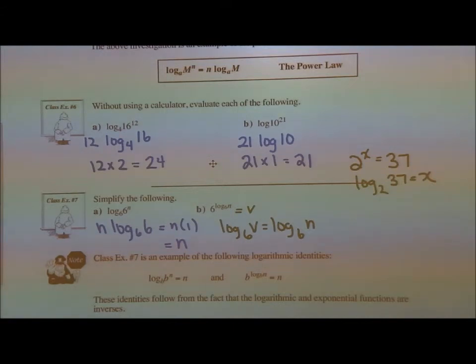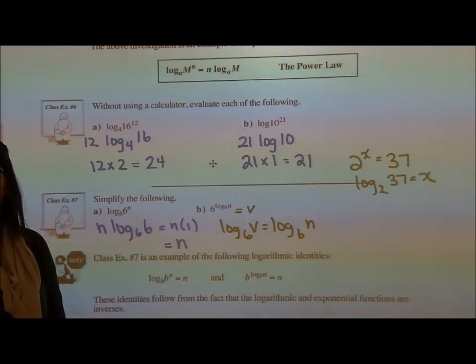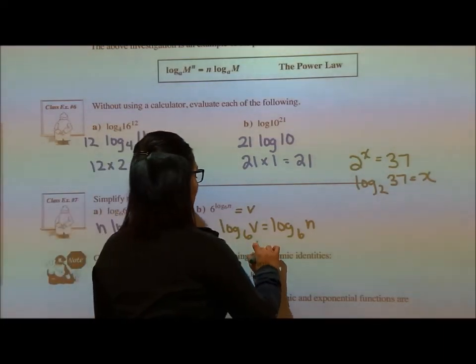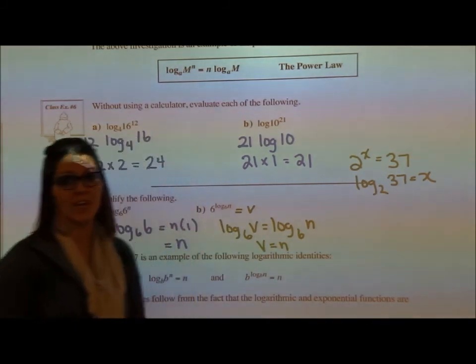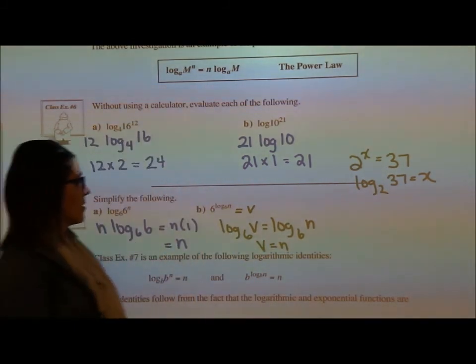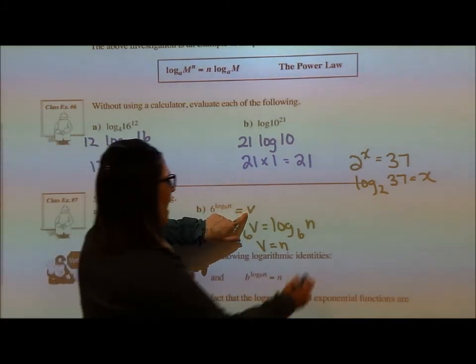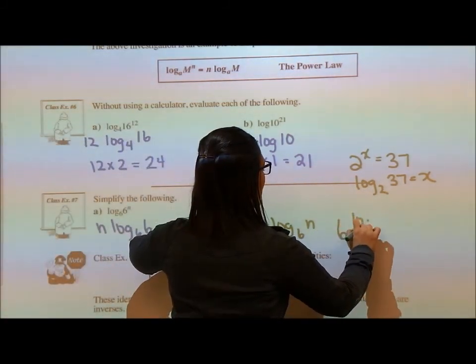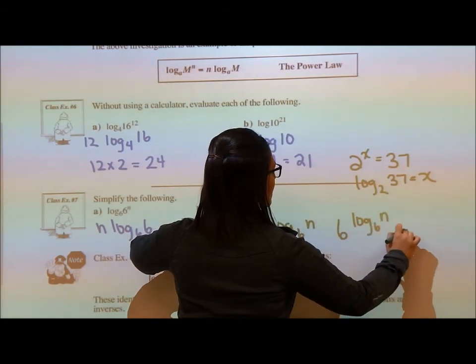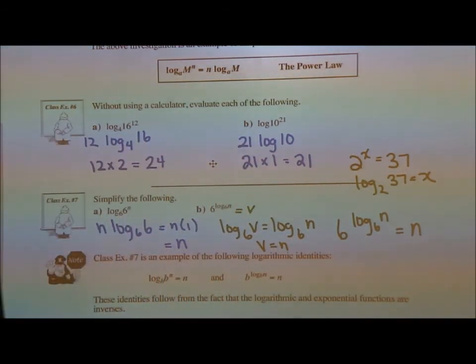What can you tell me about v and n? They have to equal each other. In order for these two logs to be equal, v and n have to be equal. So if I replace v with n up here, 6 to the power of log base 6 of n has to be equal to n.